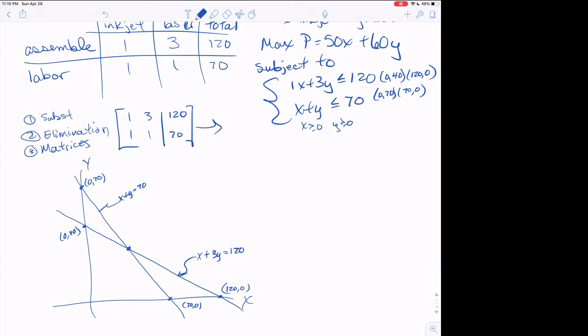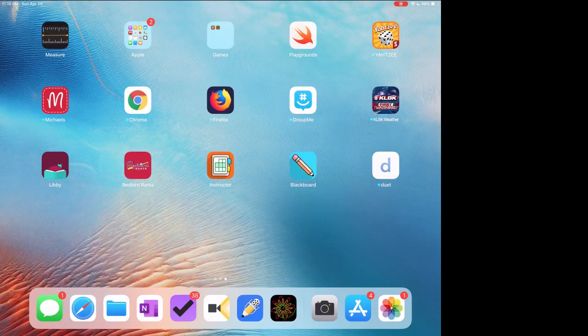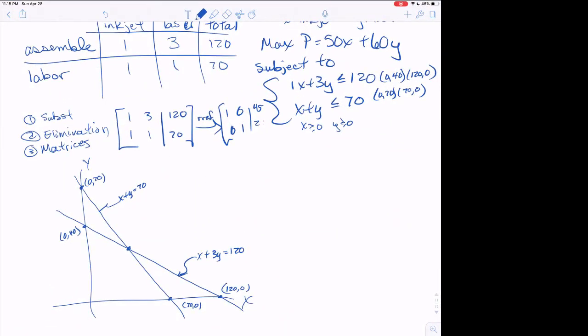Then I did RREF, and I came up with 1, 0, 0, 1, and I had 45, 25. So that means that this point is the point 45, 25.